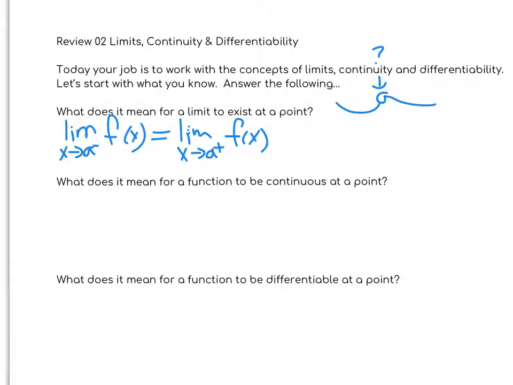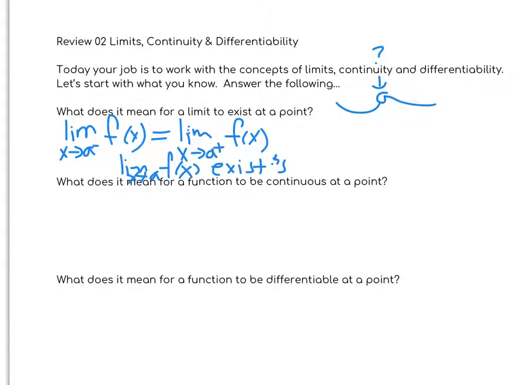This just means that the limit as x approaches a of f of x exists. And it would equal whatever those things were equal to.